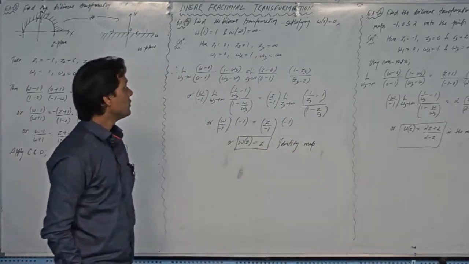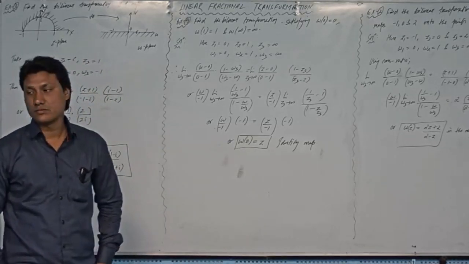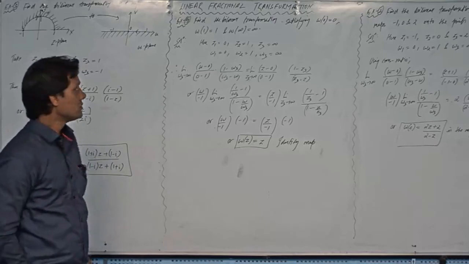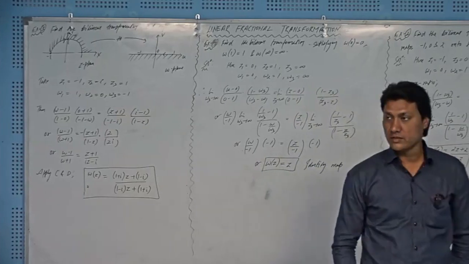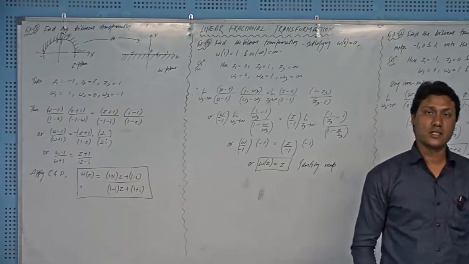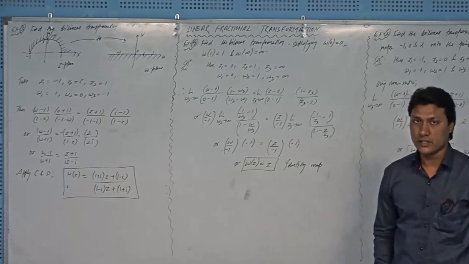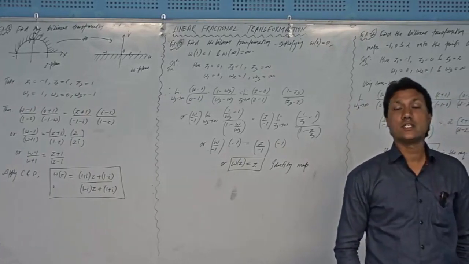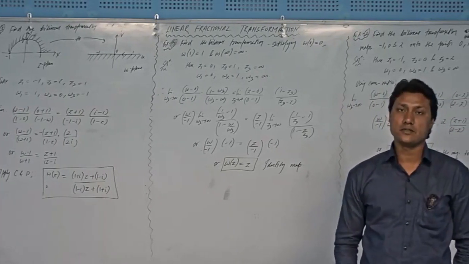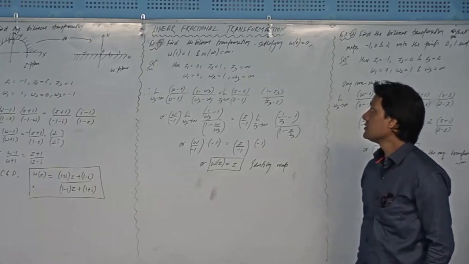And in the last video, you learned how to find the image of some domain object with the help of this linear transformation, and especially a circle can be mapped to a line if a pole of the linear fractional transformation lies on the boundary of the circle, right? And again, a line can be mapped to a circle when the pole of the linear fractional transformation doesn't lie on the line, right? So these facts should be remembered in order to see the amazing things about this linear fractional transformation.